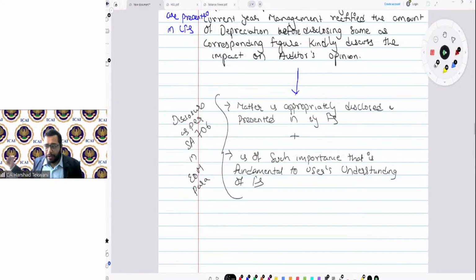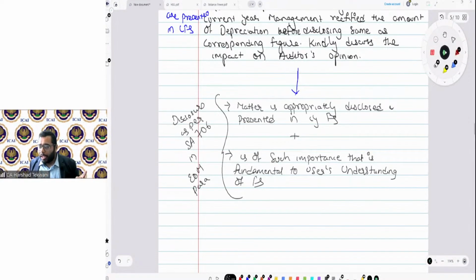Our opinion is not modified in that respect, and you can refer to the note where it is appropriately presented. Understood? So I will present that information in the EOM paragraph as per SA 706.